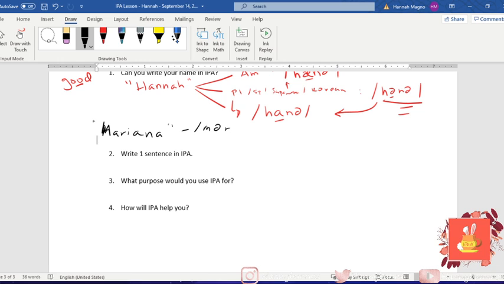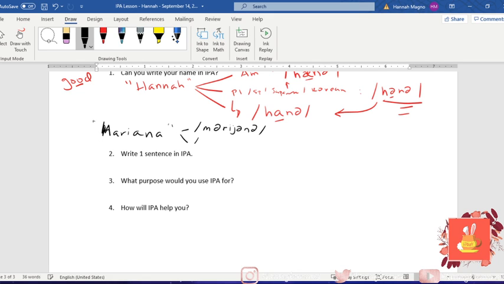Do you roll your R for your name? So you roll your R, right? Yeah. Okay. So then Mari, and then yeah. That's what I hear. So when I read this, Mariana. Oh, Mariana.